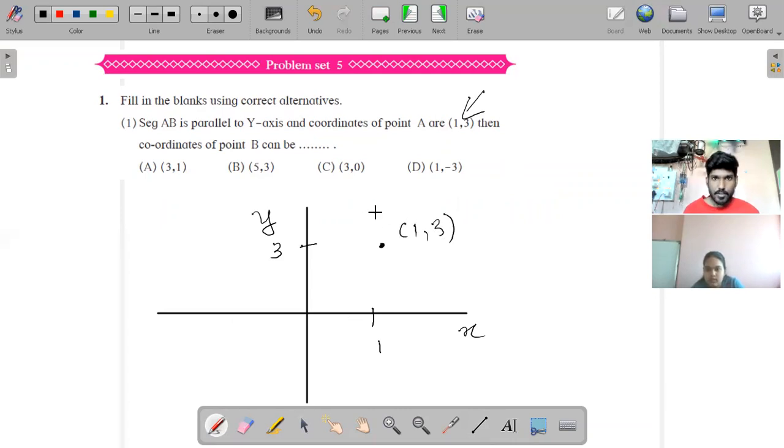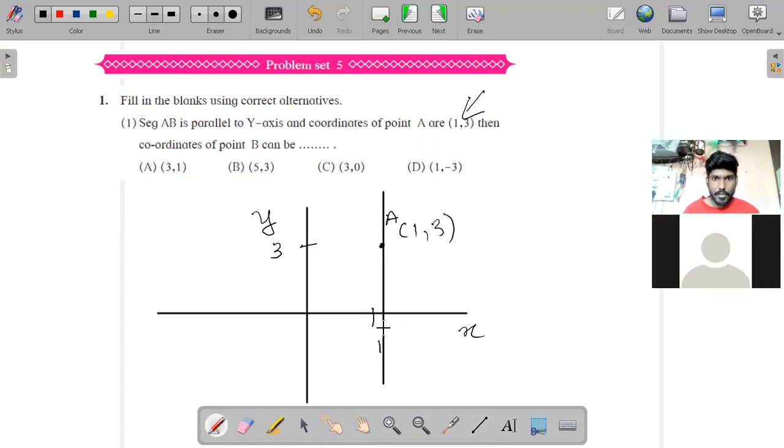Yes, in the first quadrant. So this is point A. Now they say the segment AB is parallel to the y-axis. So that means your segment AB is something like this. Correct? So suppose B can be anywhere. We don't know where point B is. In this case, suppose this is point B.